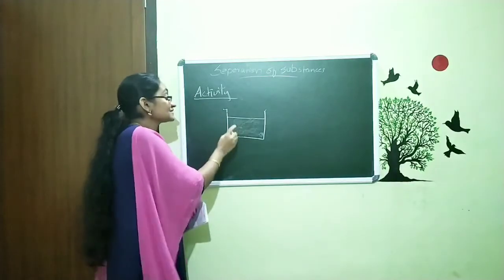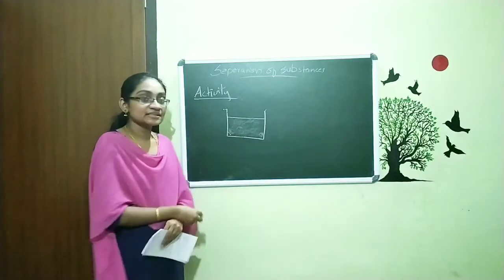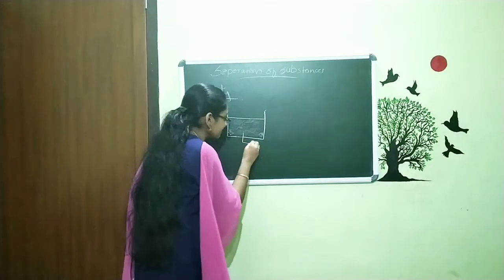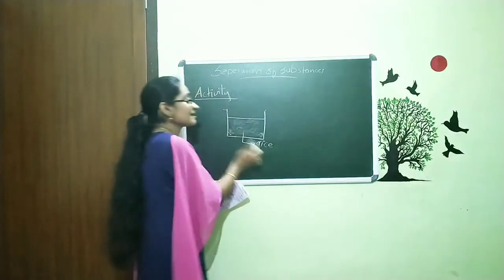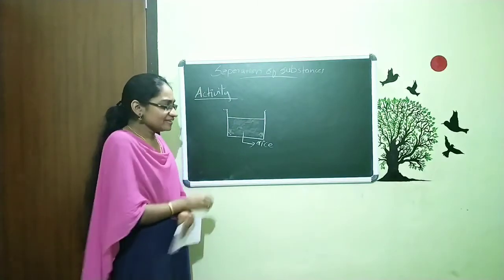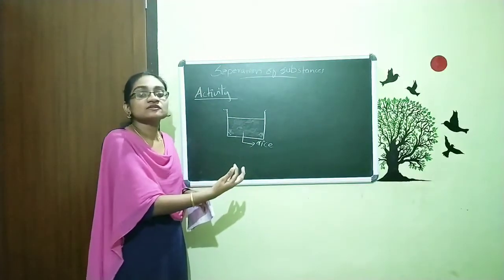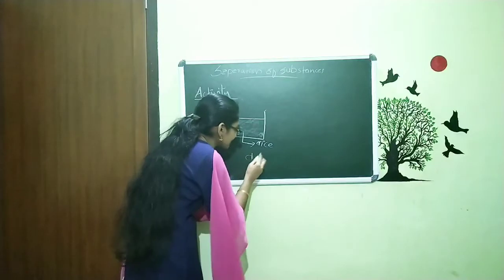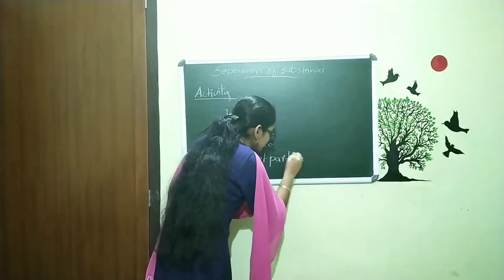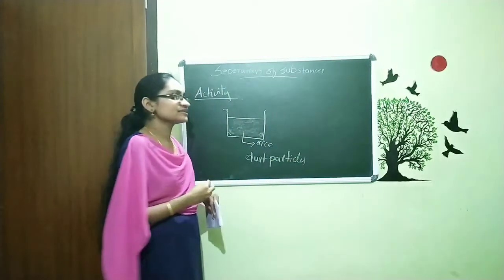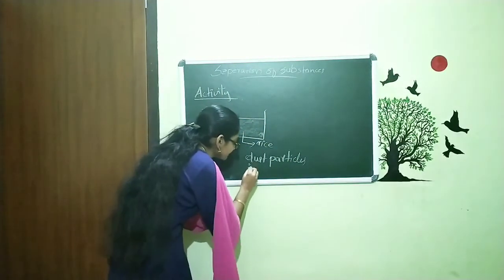To make the rice or the pulses clean. I am selecting rice. To make this rice clean. And we are cleaning it from what? From some dust particles, or some impurities.